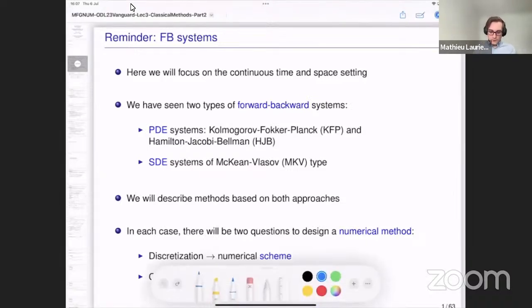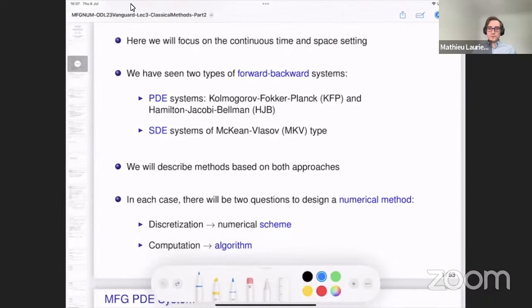So here we are going to start with the PDE approach. And when we try to design a numerical method, at least, let's say, using a classical or traditional numerical analysis viewpoint, we need 2 ingredients. One is a discretization, because we cannot put the PDE directly in the computer. So we need to discretize in some way the solution.